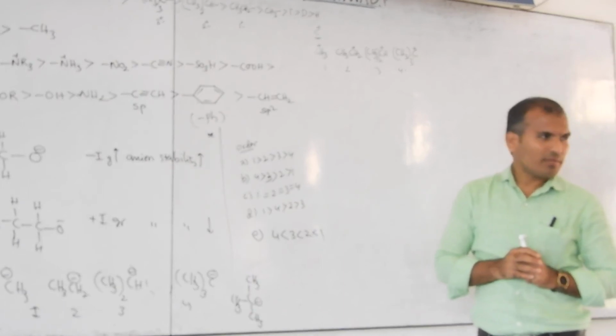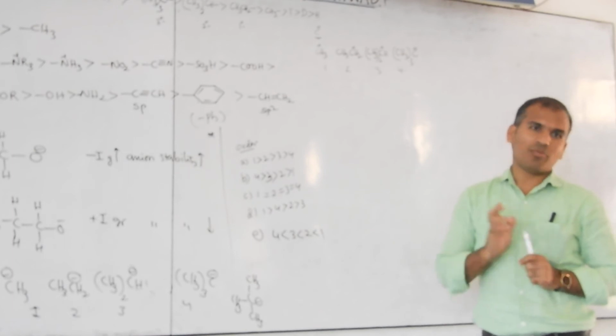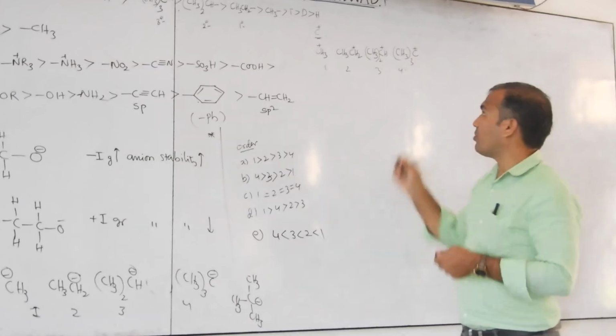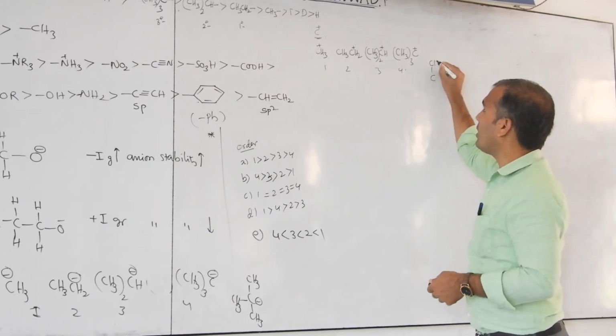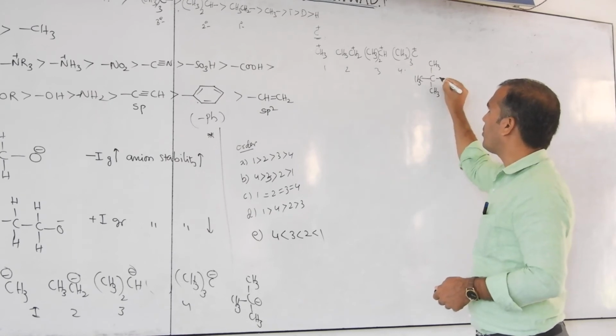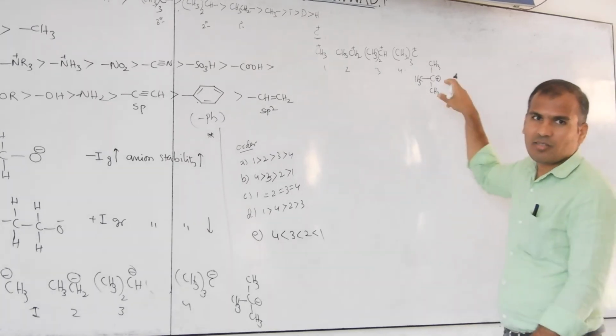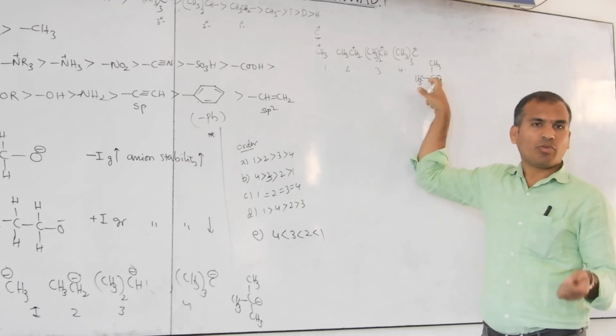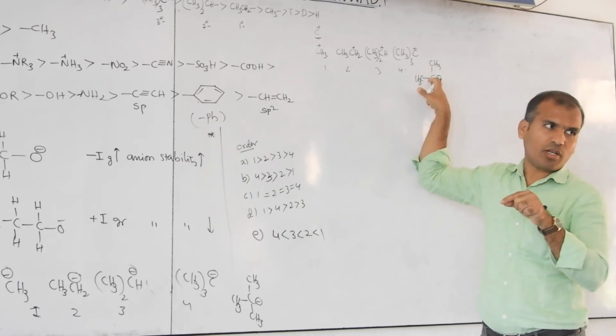Which is more stable then? First you have to decide the stability. Which is more stable, first one or last one? Last one, because we know that this is CH3, CH3, CH3 with a plus charge. The first is a complete positive charge. We have to decrease this magnitude. How to decrease? By giving negative charge.